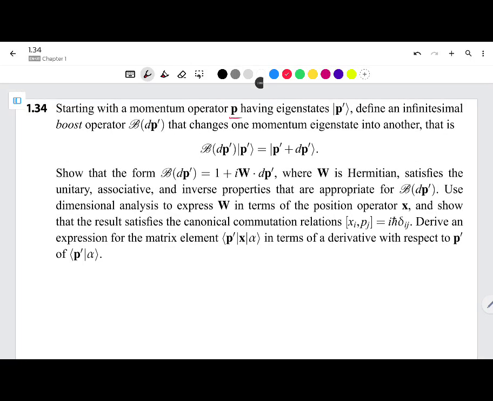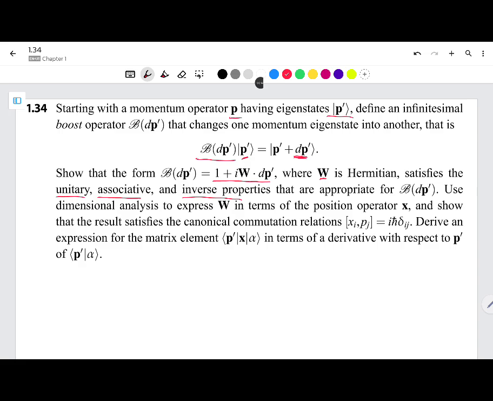So this is a momentum operator which has eigenstates like p prime, and there is a boost operator like this which acts on a state p prime, which is the eigenstate of the momentum operator, and translates by an amount dp prime. So we need to show that this kind of form, where the W is a Hermitian operator, satisfies all these aspects like unitary, associative, and inverse properties, and these are the appropriate conditions for such an operator.